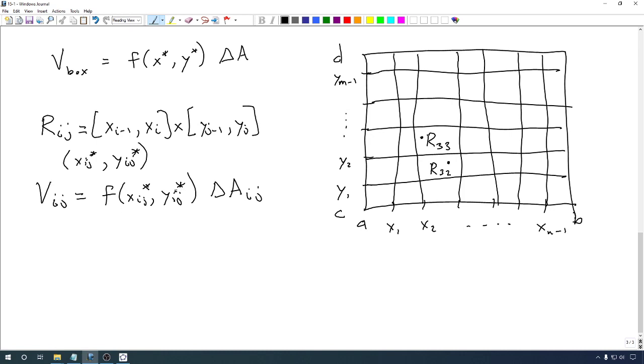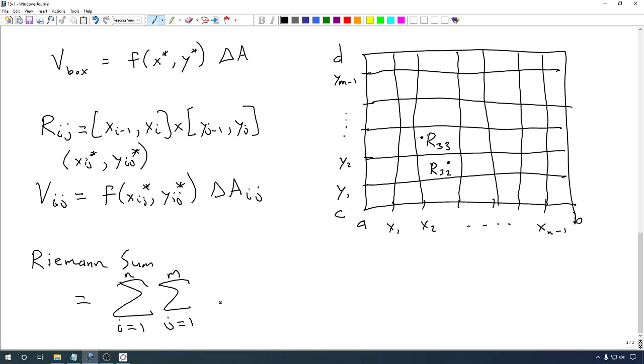So this is the volume of one box. And then we have to add up over all of the possible boxes. But keep in mind, we have two indices here, an i and a j. We have to sum up over i and j. That means our Riemann sum is going to be a sum over the i's, so i going from 1 to n, and a sum over the j's, so j going from 1 to m.